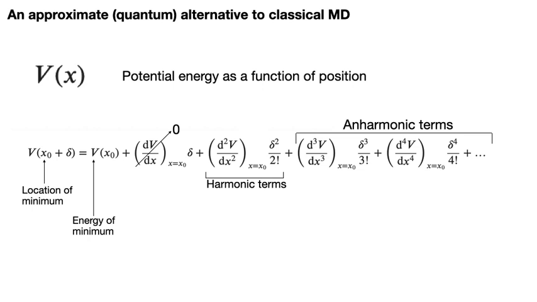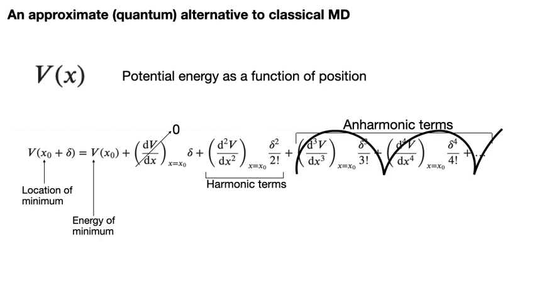This realization is important as it tells us that if delta is small, the harmonic terms will be much larger than the anharmonic terms. If you're willing to assume that delta is always small, we can thus neglect the anharmonic terms in this expression. As you hopefully saw when you completed the Block 2 assignment, this assumption that delta is small is reasonable when the temperature is low.